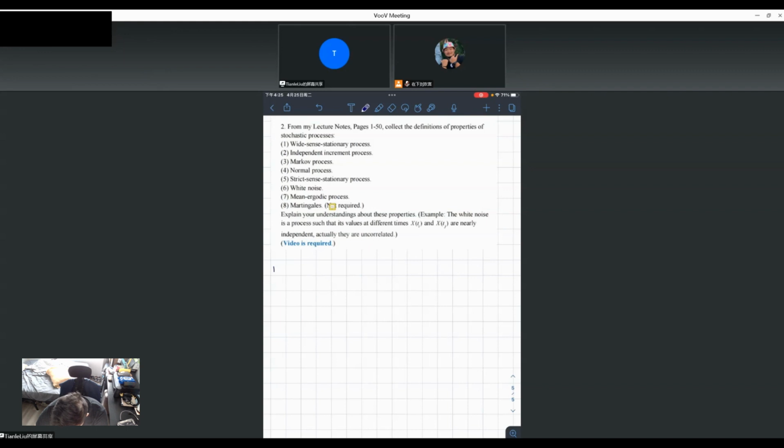For the first one, we have the wide sense stationary process.